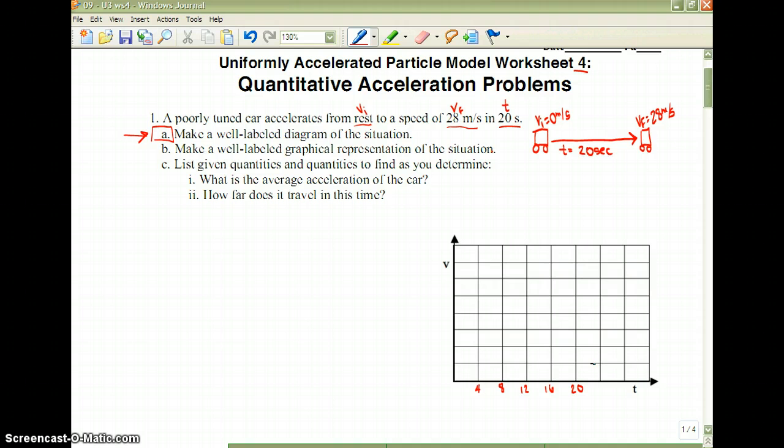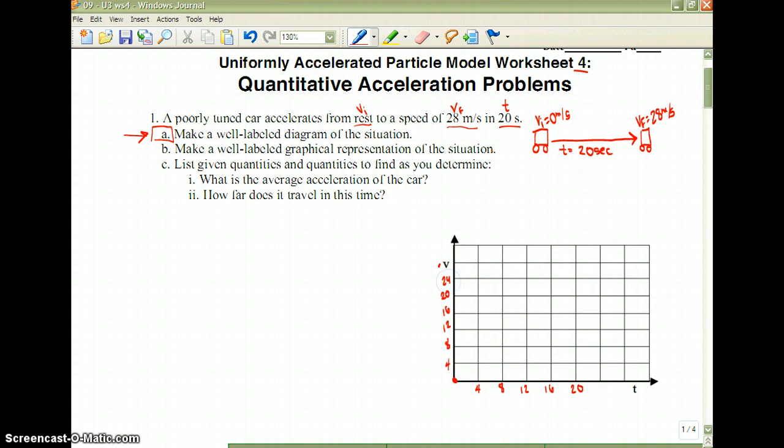This just says he starts from rest and speeds up to that particular speed. So our velocity needs to start at 0, and by the end of our 20 seconds, this car needs to have been accelerating all the way up to 28 meters per second. Now let's label the velocity on the side so that we can get our speeds.